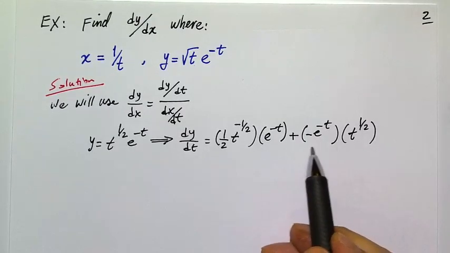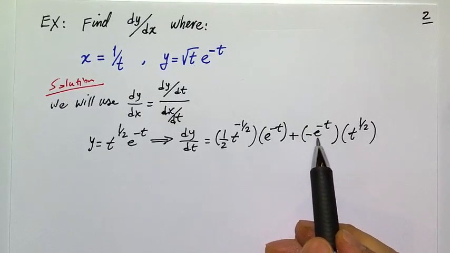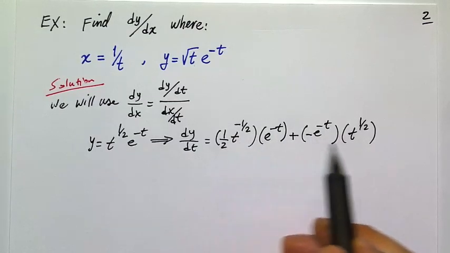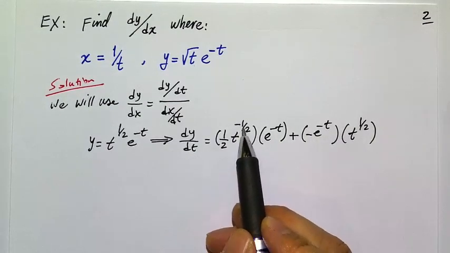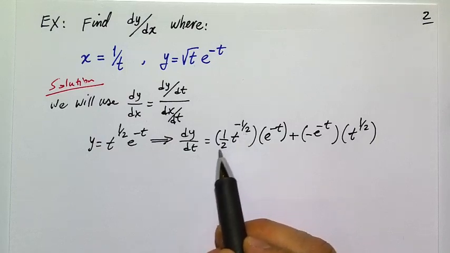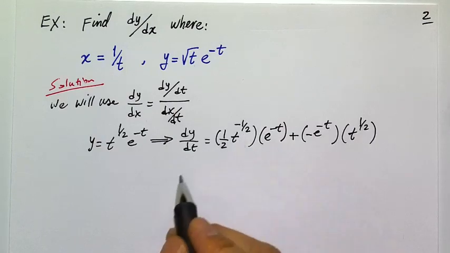So let's see, it looks like we can factor some things out. So e to the minus t power, we can factor that out. Also we have t to some power, so we will factor out the t variable with the lower power, so t to minus 1/2. We might as well factor out the 1/2 too.